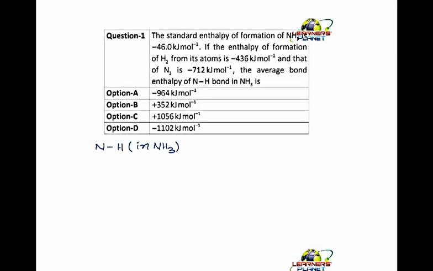Now, we know the standard enthalpy of formation of ammonia, right? For the formation of ammonia, what are the things required? First is the breaking of the hydrogen bond, that is the bond between two hydrogen atoms, and also the breaking of the bond between two nitrogen atoms in the nitrogen molecule. Now students, formation of a bond is an exothermic reaction, right?